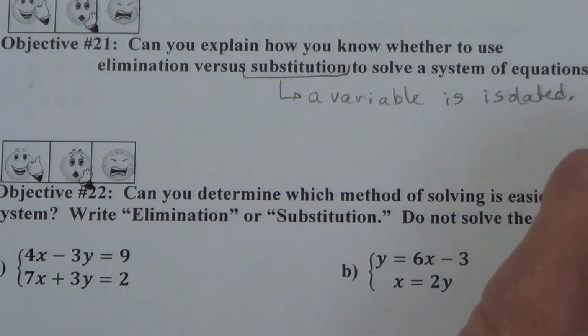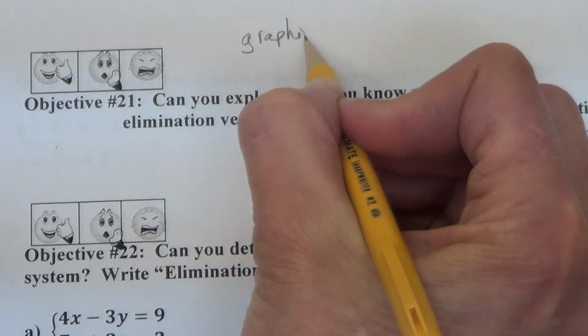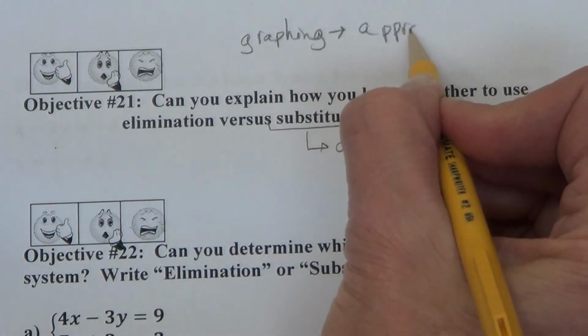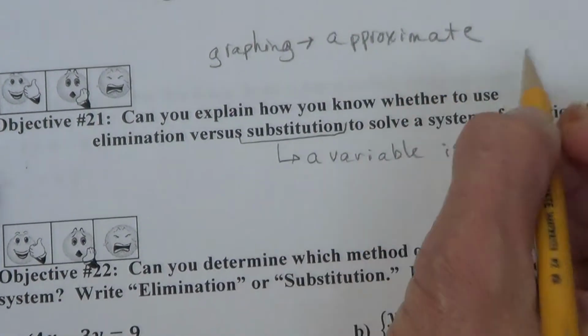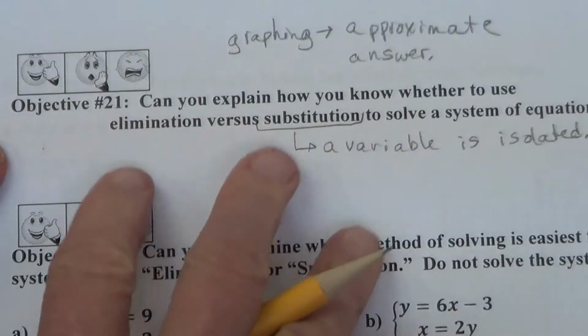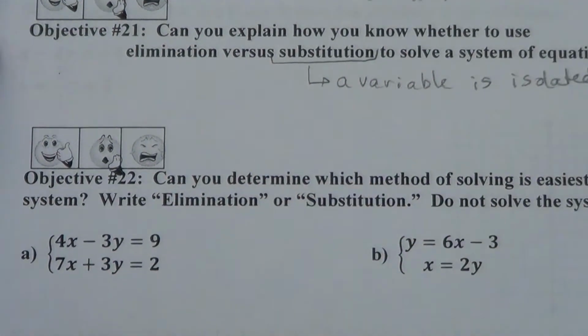Okay? Graphing we use just as an approximation. I know it didn't ask on that, but graphing is just an approximate answer. And then we use elimination all the rest of the time, just because it's fairly quick to use.